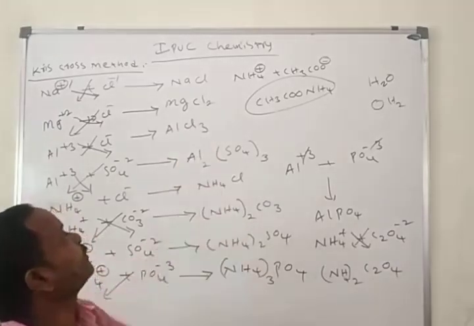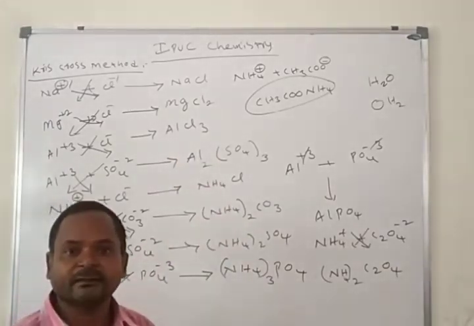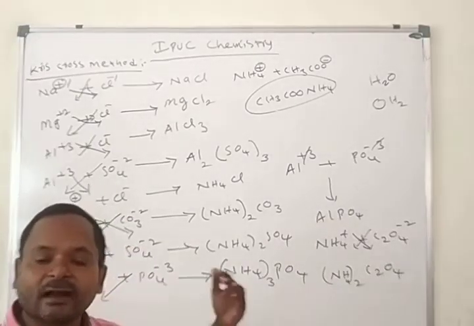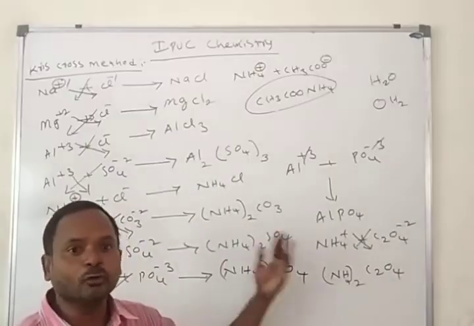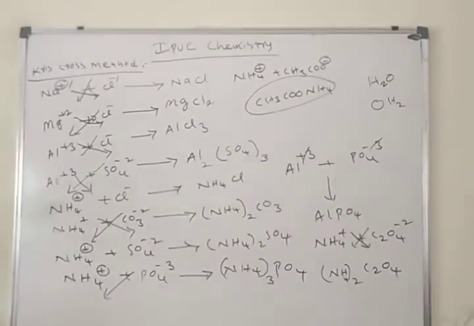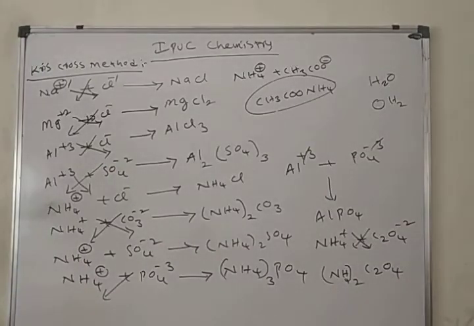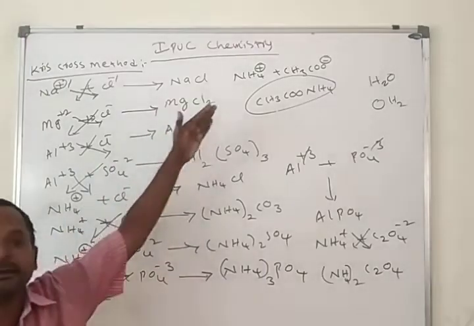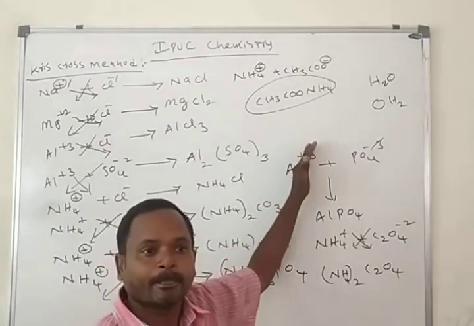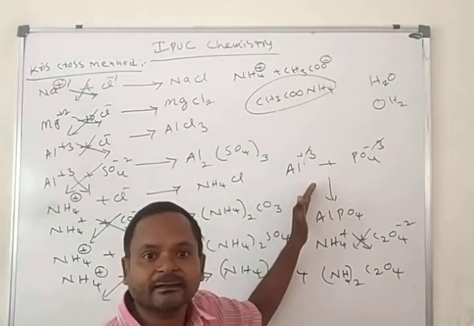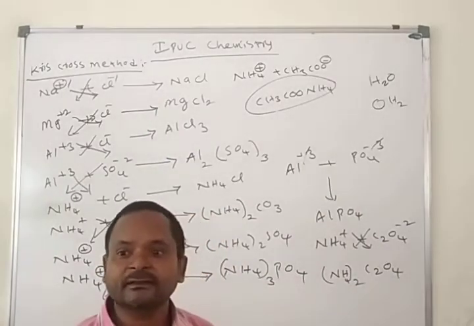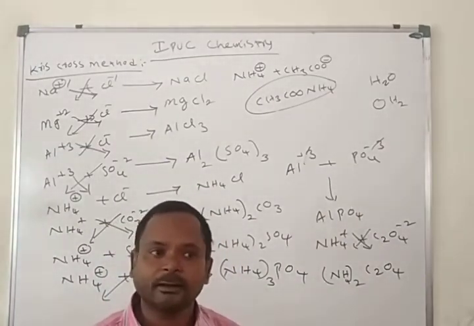This is about one simple topic, the crisscross method. What is the ion? When an atom loses an electron or gains an electron, we get a positive charge ion and a negative charge ion. The positive charge ion we call a cation. The negative charge ion we call an anion.